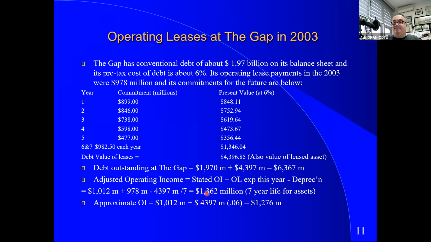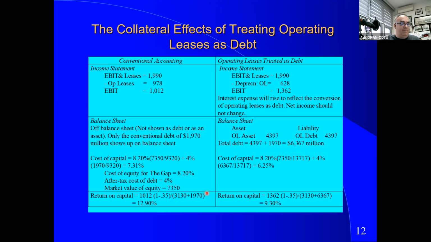So using this adjustment, what effect does it have on the company? Well, let's take a look. This is another example allowing us to take this into account. EBIT and leases, minus the operating leases, the EBIT that we had. And off-balance-sheet financing exists.